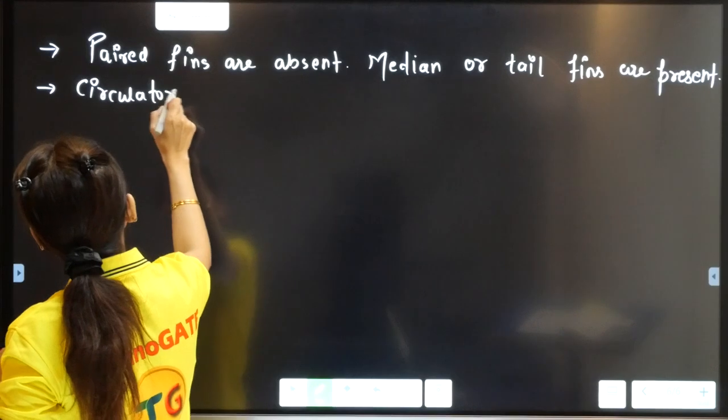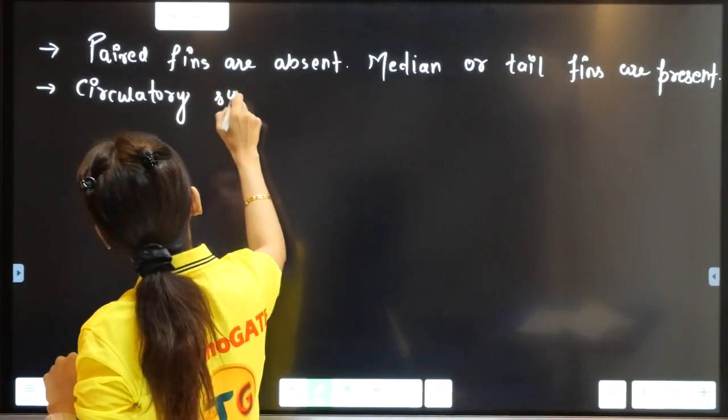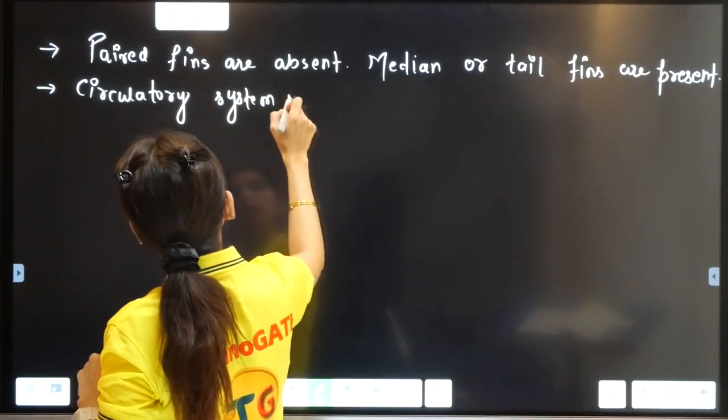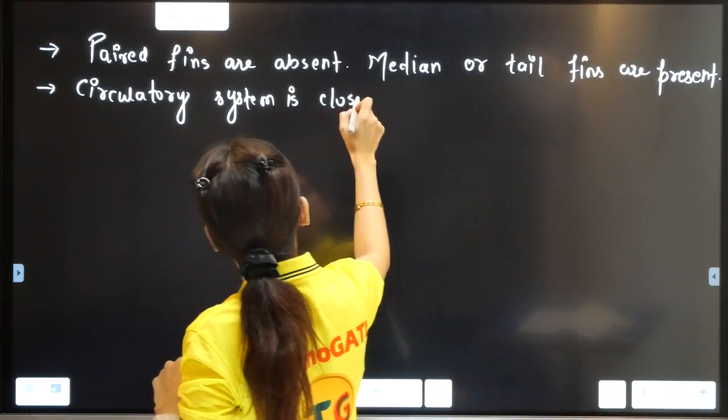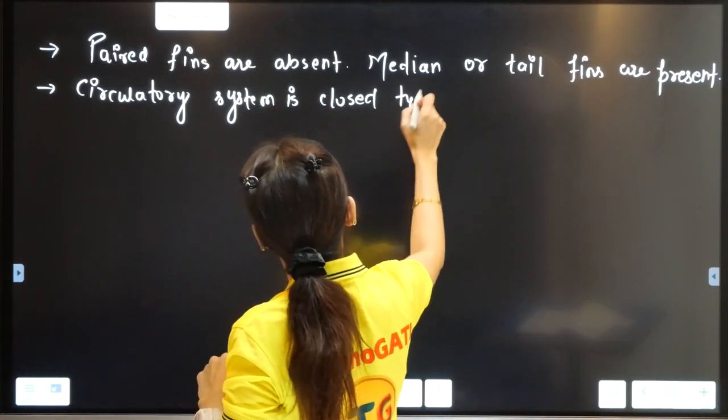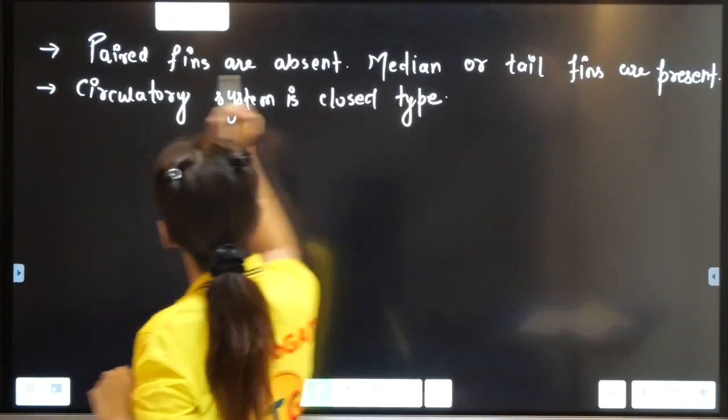You noted about the heart, but not the circulatory system. So the circulatory system is closed type.